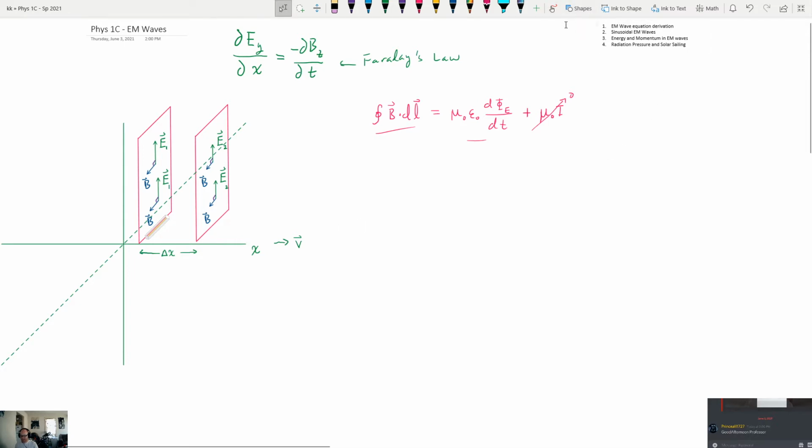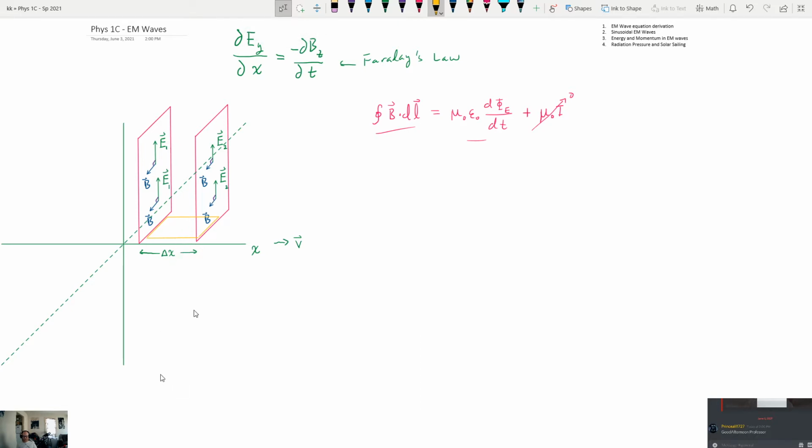So that's going to be one side of it. Copy, paste. Here's the other side. We'll get them to line up here in a second. And then we need another line that connects the two of them. There we go. And we're going to go about this path. So this is our path.